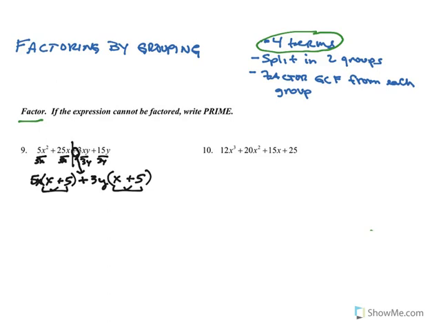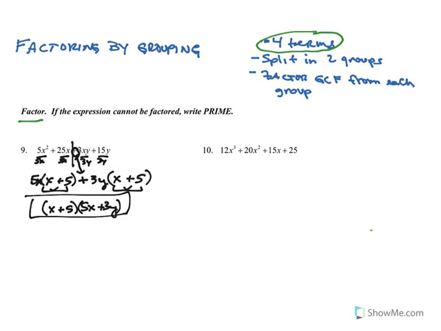When you're factoring by grouping and you factor out the GCF for each group, whatever is left in the parentheses should be the same. If they're not the same, you made a mistake or it's not factorable. So we pull out a single (x plus 5) as the GCF, and then we group together the two lonely people outside. And that is factoring by grouping.